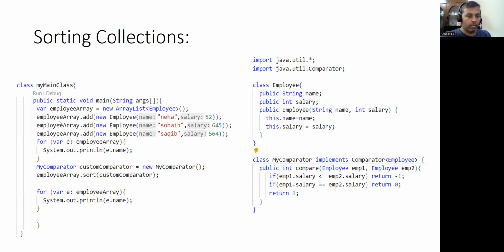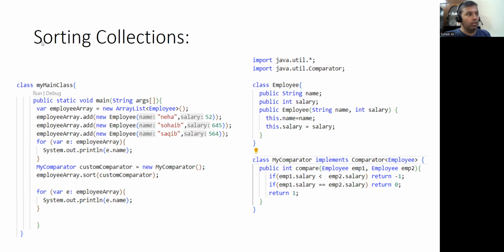And then I can create an array list of different employees, and once I want to sort my array list, I can simply create a new instance of this comparator class that I've defined myself, and then use that as an argument to this sort method. And now your employee array will be sorted based upon the custom comparator that you have defined yourself. So this is one way of doing that.